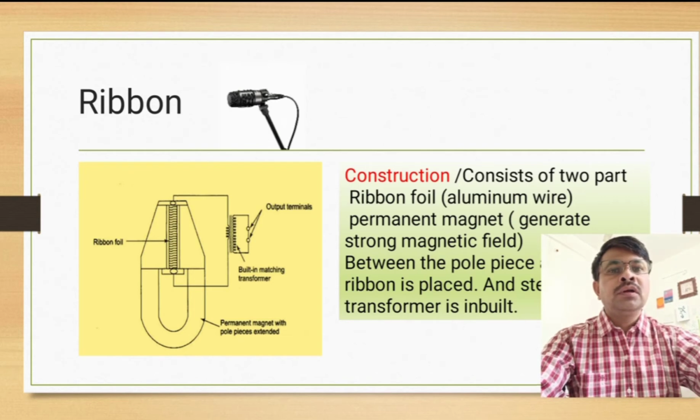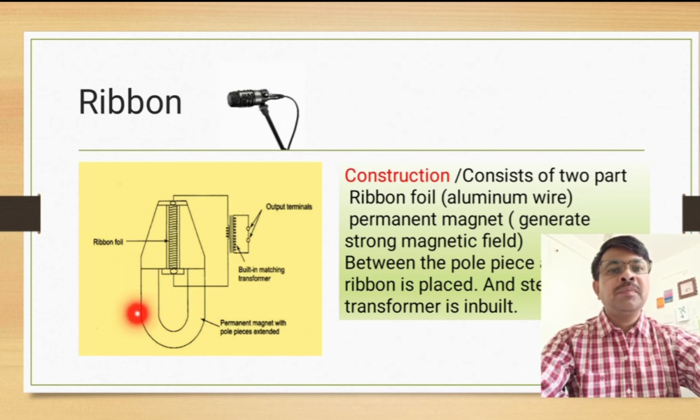Its construction consists of two important parts. First part is the ribbon foil. Here this is the ribbon foil and it is made of aluminum wire. Second is the permanent magnet.